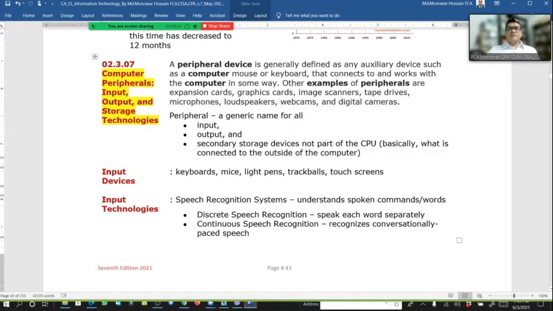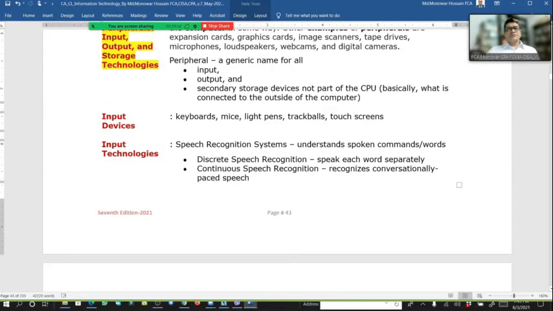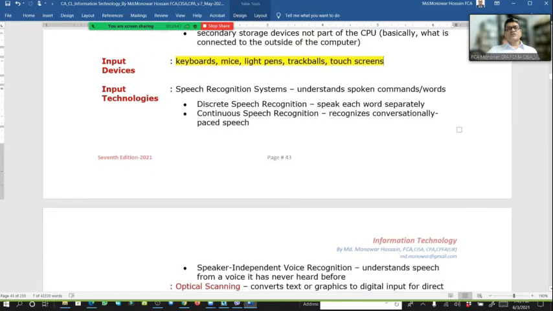So input devices, we have seen as keyboard, mouse, light pen, touch screen, etc. And what are input technologies? They are the devices and input technologies. Input technology means speech recognition systems, which understand spoken commands and words, including discrete speech recognition and continuous speech recognition.